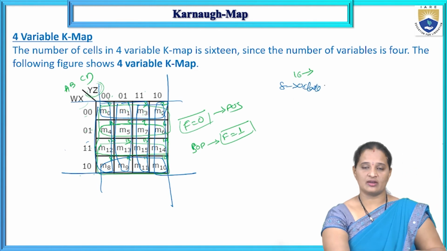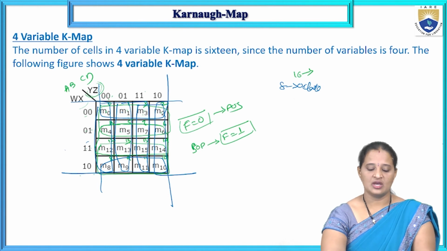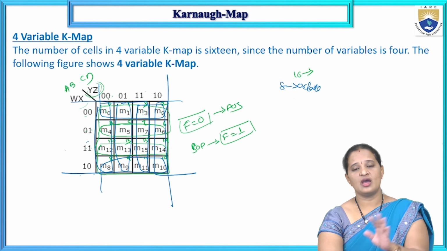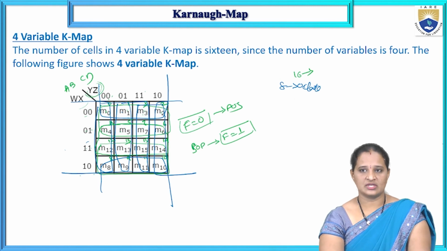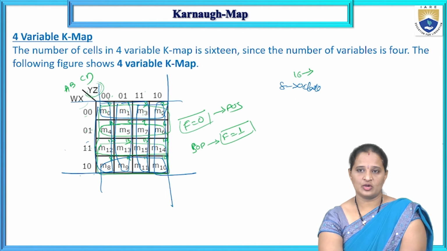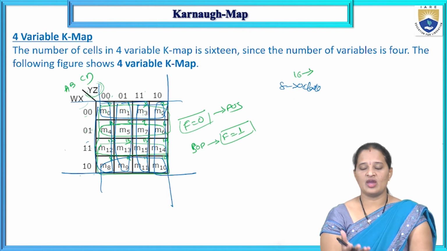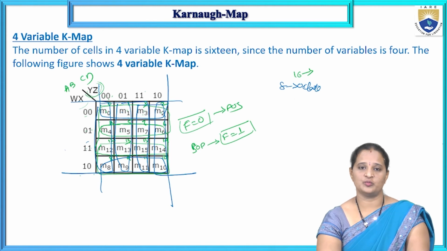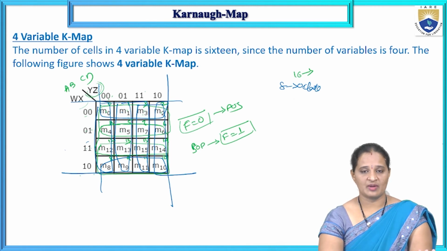Once the octets are done, what is the next highest possible group? That is a group of 4 adjacent cells which are neighboring to each other. I can form a group of 4 cells. After that, if it is not possible to form a group of 4 cells, then we can go for the pair. So that means whenever we are grouping the adjacent cells, we need to start from higher groups first.